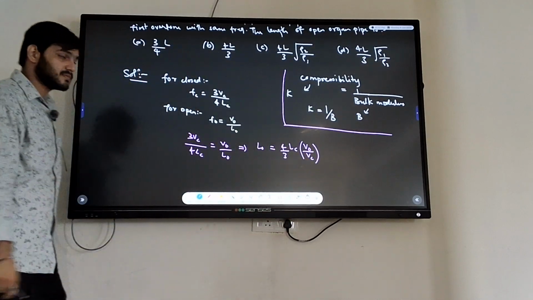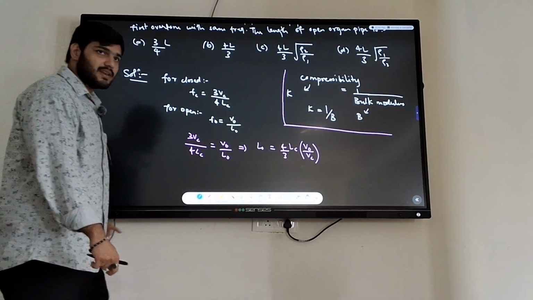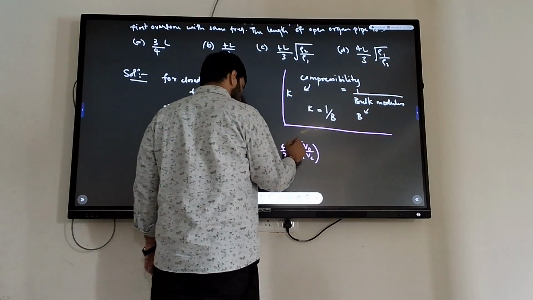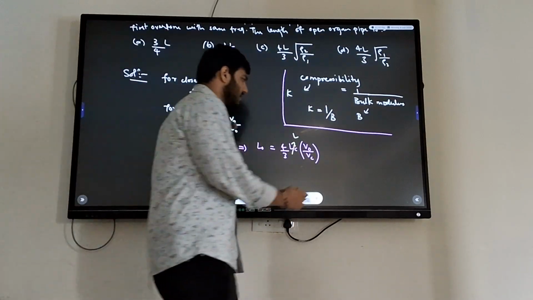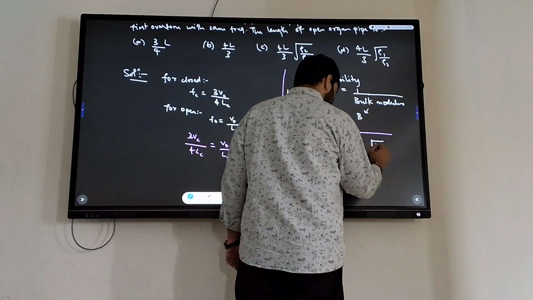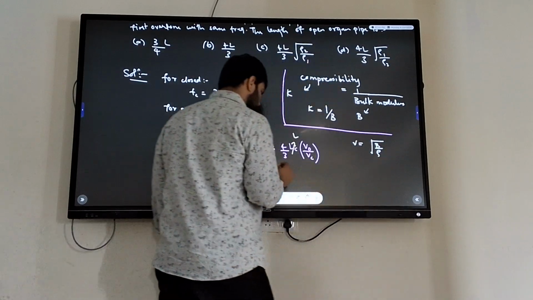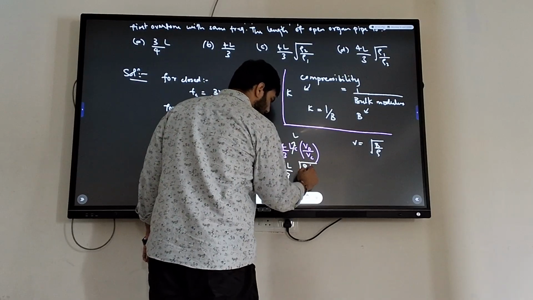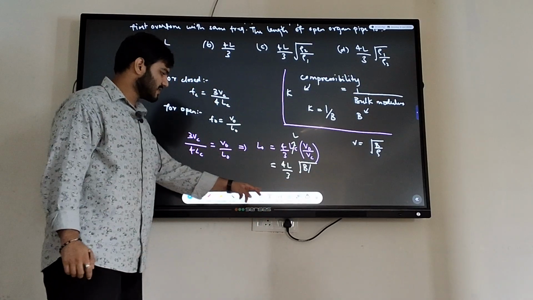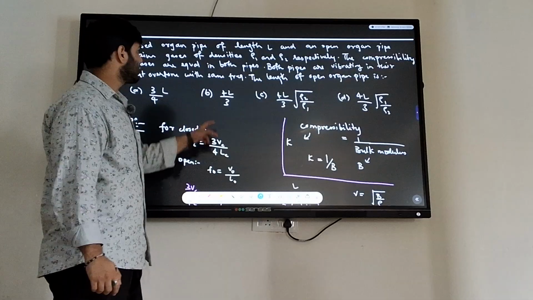LC is given to be L, no? LC equal to L, but what is the velocity of a longitudinal wave? Under root B by rho. So I think this can be written as 4L by 3 under root B by, what is the density of the medium in the open pipe?